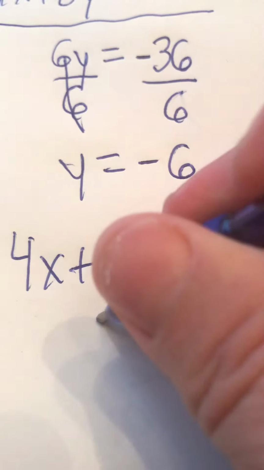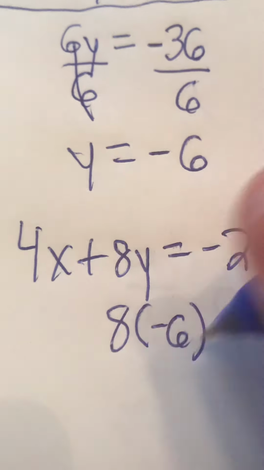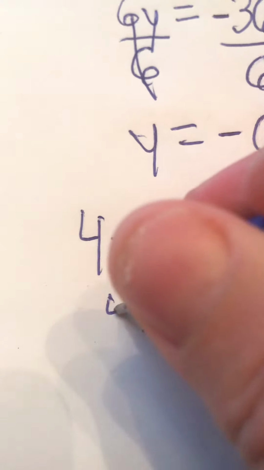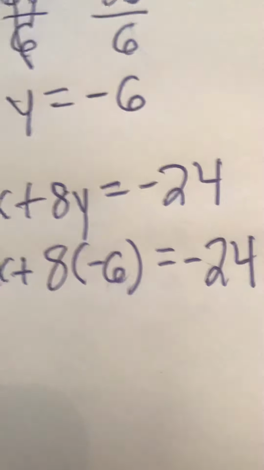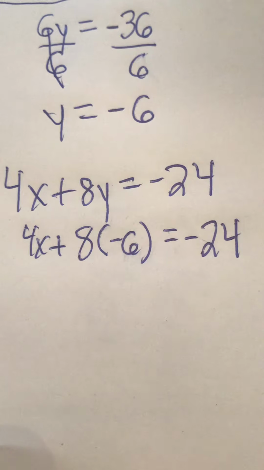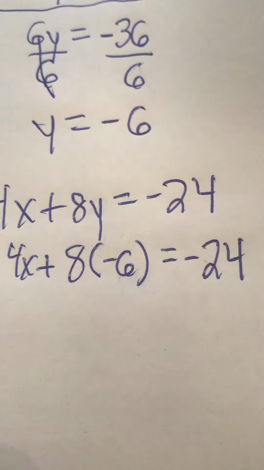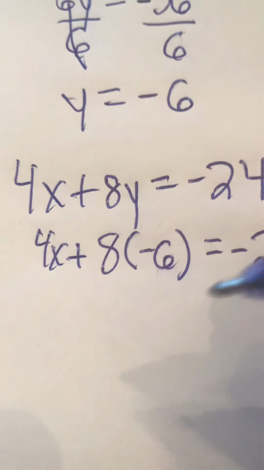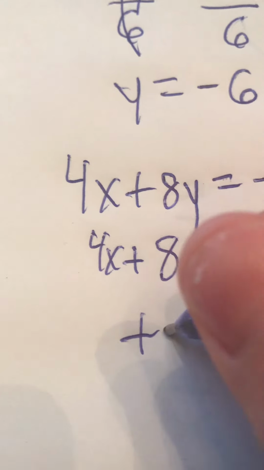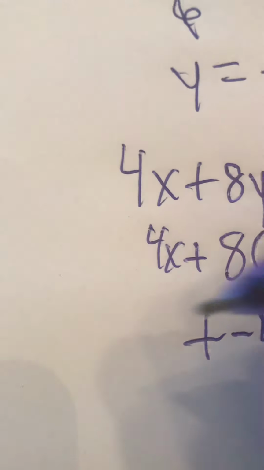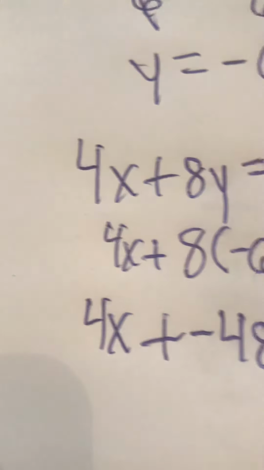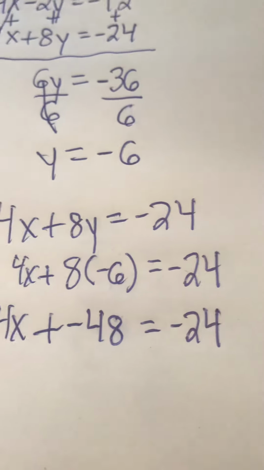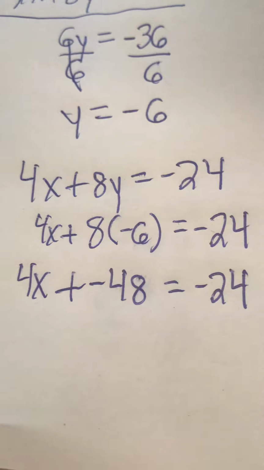So we are going to put negative 6 where the y was and rewrite. So we've got 4x plus 8 times negative 6 equals negative 24. Well, 8 times negative 6 is negative 48. So we've got 4x plus negative 48 equals negative 24.